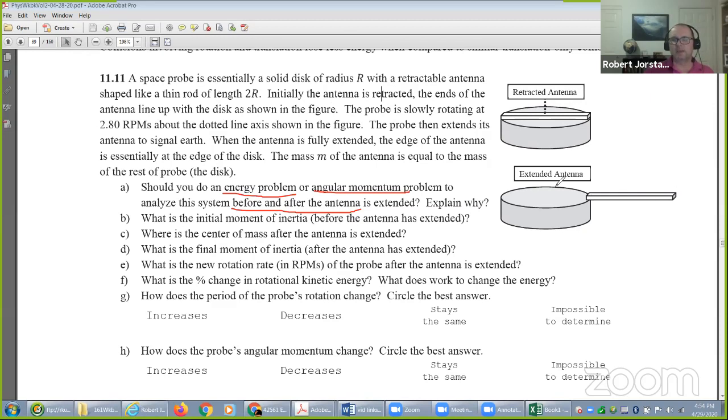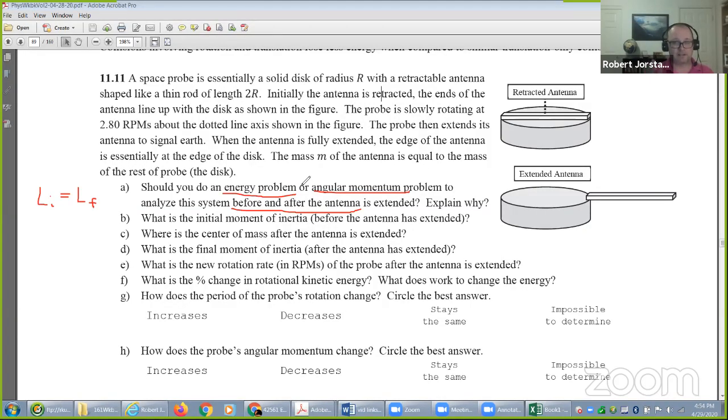Okay, so hopefully what you thought was L initial equals L final. And if you try to use energy, energy may not be conserved in these problems. I hope you've seen that. Now think about it. Energy might be changing.